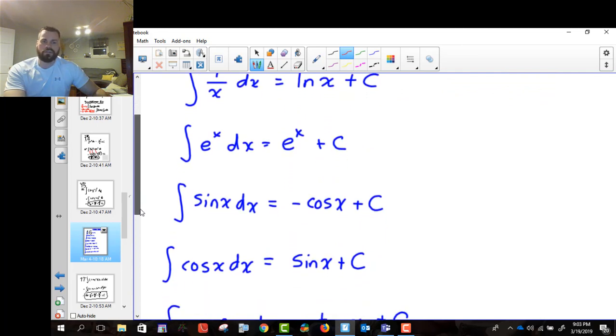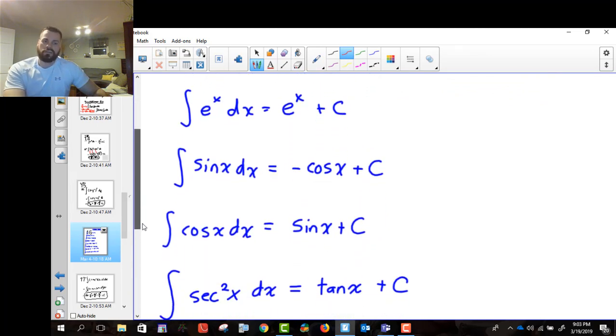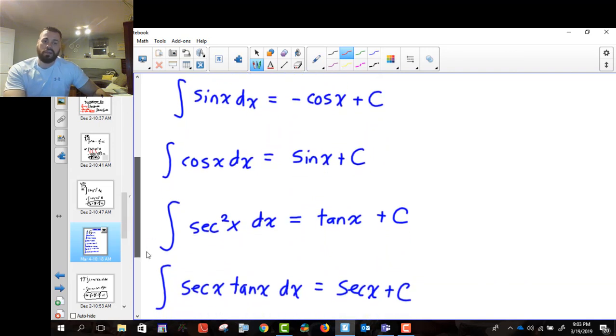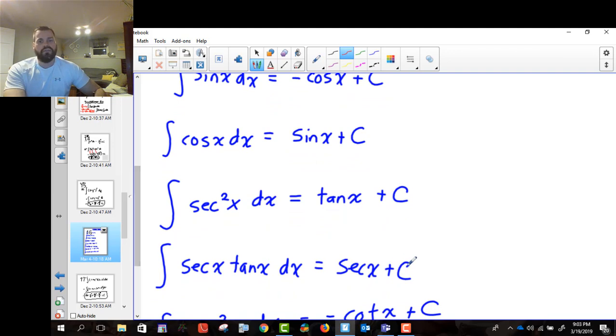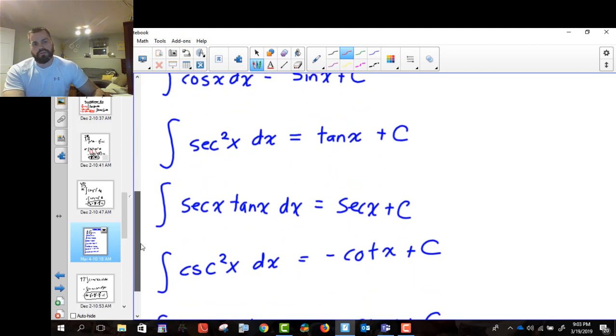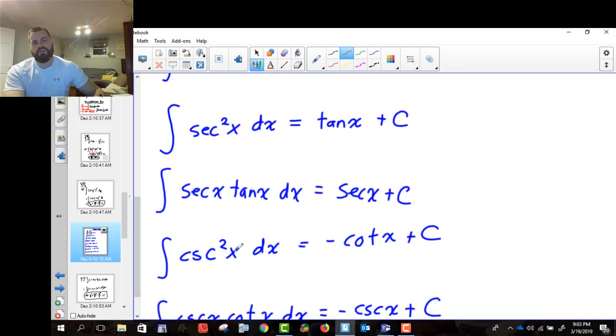So the integral of cosine is sine of x. The integral of secant squared x is tangent x plus c. The integral of secant x tangent x is secant x plus c. And you know all of these because you know the derivative. So the derivative of tan x is secant squared, which means the integral of secant squared is tangent x. So you just have to think backwards, all right? The integral of cosecant squared is negative cotangent x because the derivative of cotangent x is negative cosecant squared.